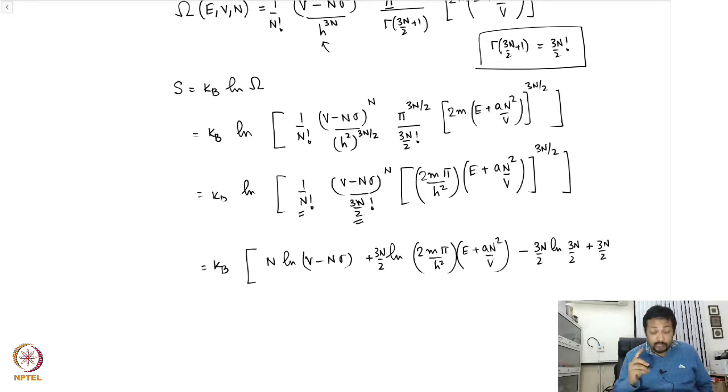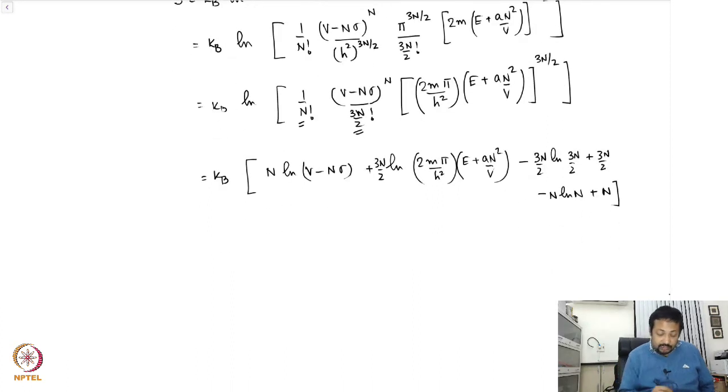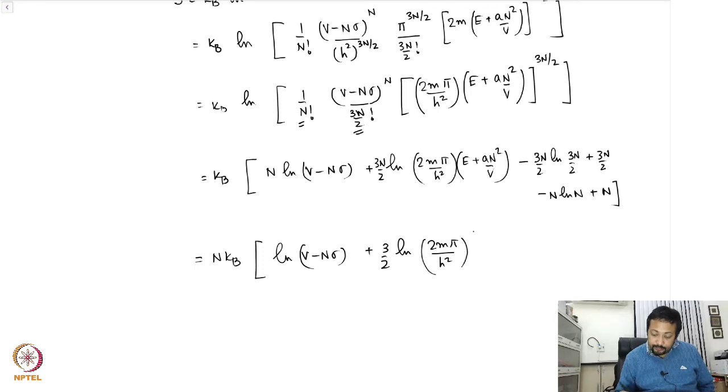I have also an ln n factorial, which is going to give me n ln n plus n. Let's take an n outside, gives me n kB ln V minus n sigma plus 3 by 2 ln twice m pi over h square times E plus a n square over V.